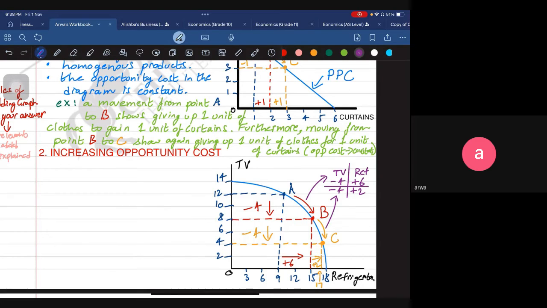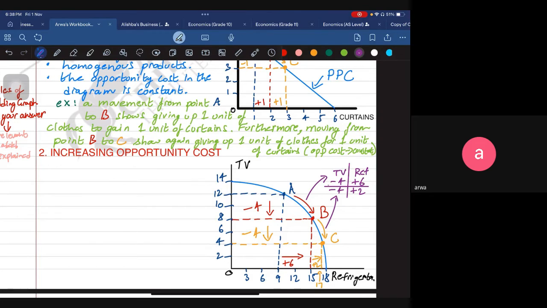Here it's basically showing that to gain extra units of refrigerators, you need to keep on... I think that it might increase if the graph went on and the values kept going on and on. It would probably increase. You have to sacrifice more refrigerators to gain more TVs, or vice versa.